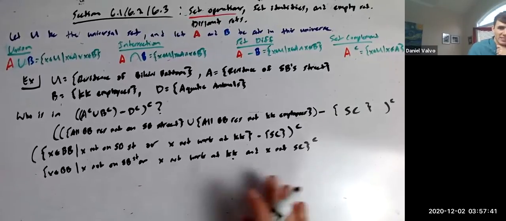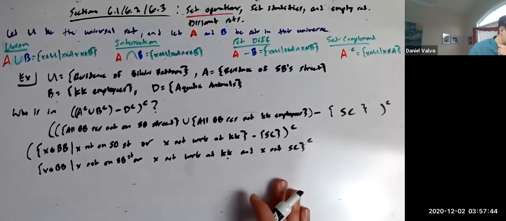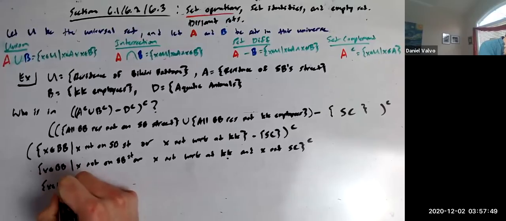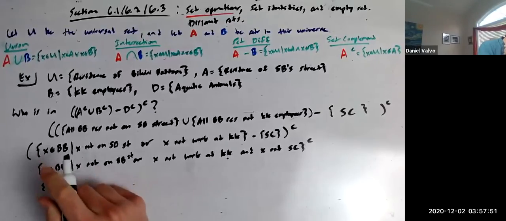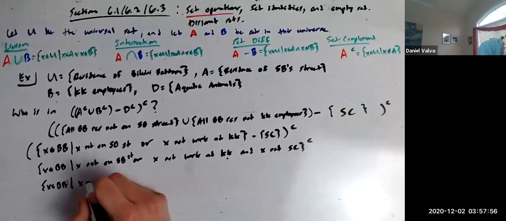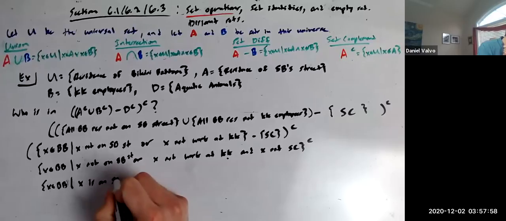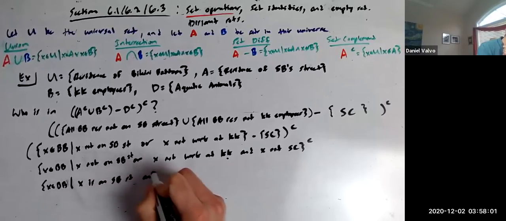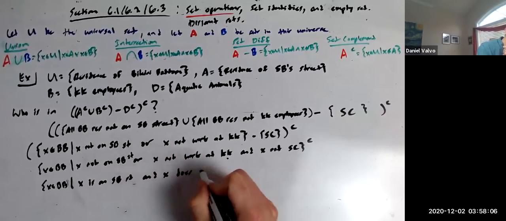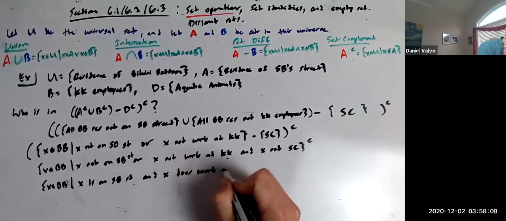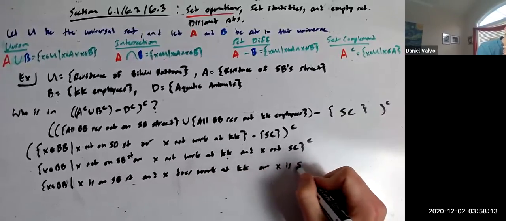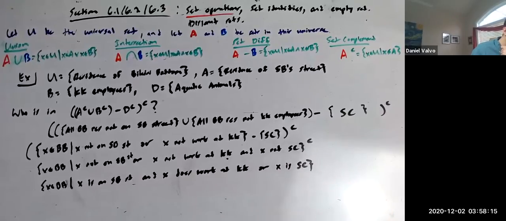And so the opposite of all this, if we go through our logical identities, right? This is all X in Bikini Bottom such that X is on SpongeBob Street and X does work at the Krusty Krab, or X is Sandy Cheeks.